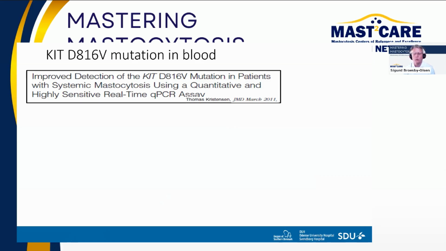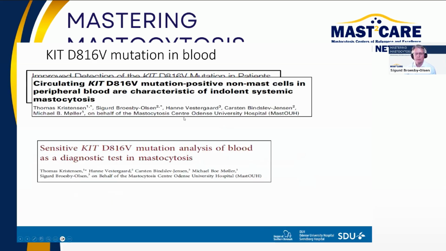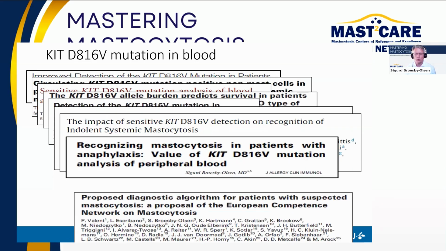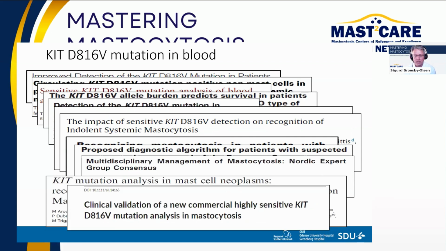It is not a leukemia. And this is really interesting because that gave us the opportunity to more specifically detect the disease in a non-invasive way. Since then, there have been a lot of publications using this method, and it has also been incorporated in the diagnostic algorithm.